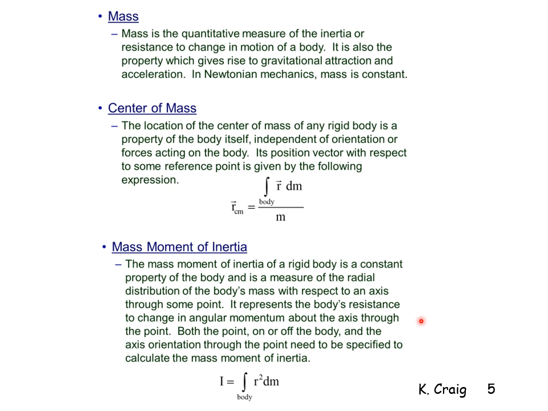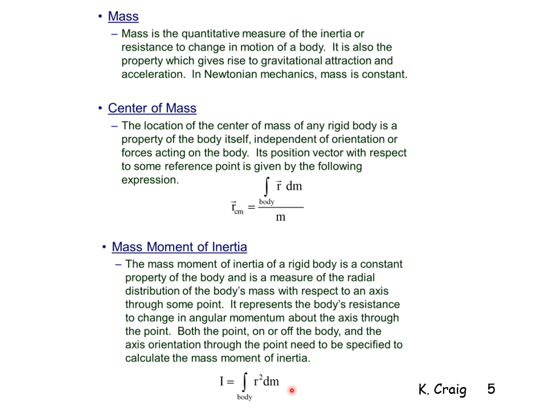So it represents the body's resistance to change in angular momentum about the axis through the point. The point can be on or off the body, and the axis orientation through the point and the point need to be specified to calculate the mass moment of inertia, which can be calculated using this formula.